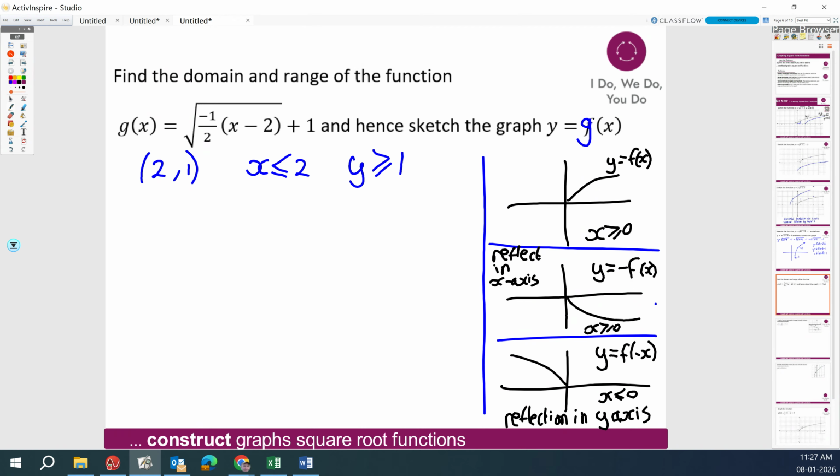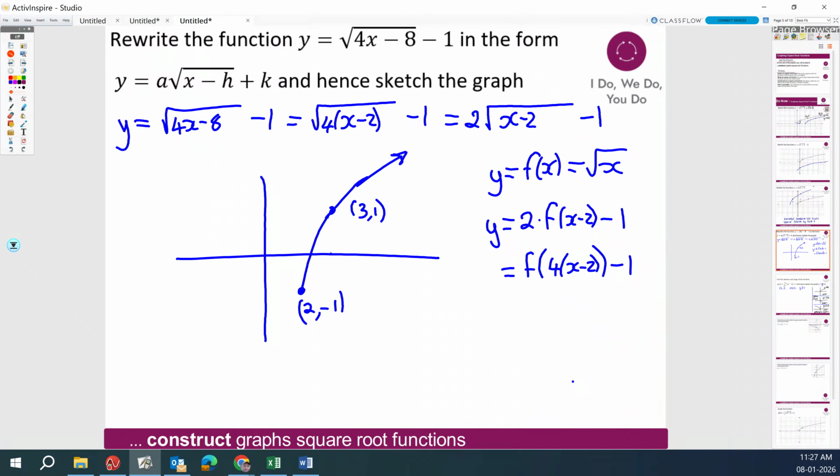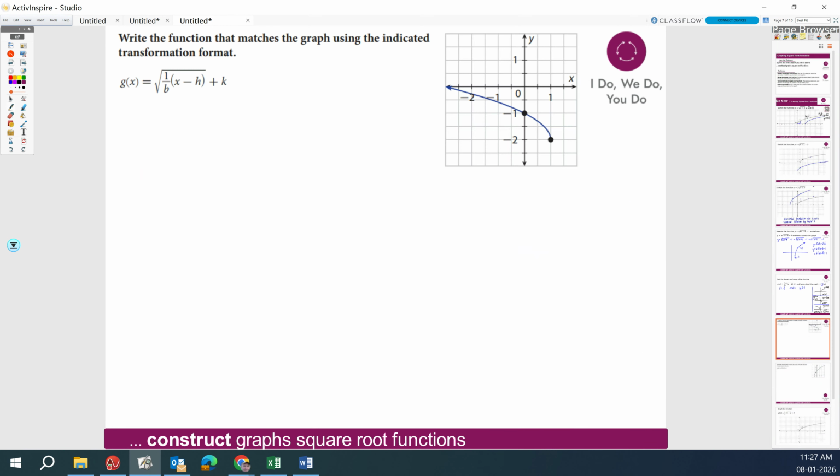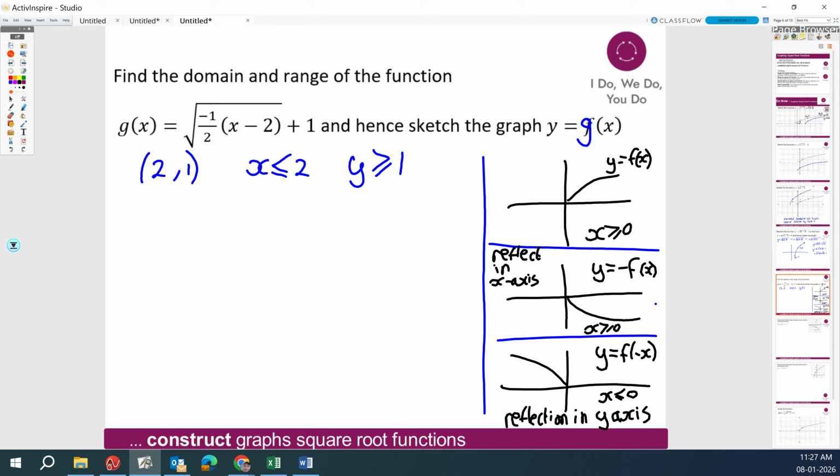Isn't it with the other form, like vertex form? Wouldn't we have to go inside the brackets, then the outside, and then the plus 1? Yes, but that question is relating to this concept here. When we wanted to know what the horizontal translation is, we have to have the bracket here, and there is an order to it. Now, in this one, it's already factored for us into the standard form, so we can see the transformations in the correct order.